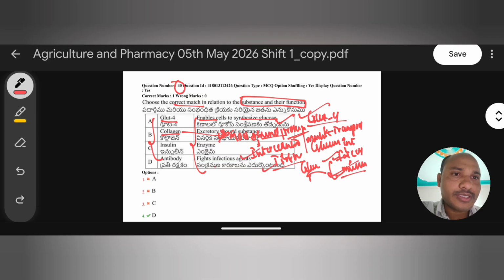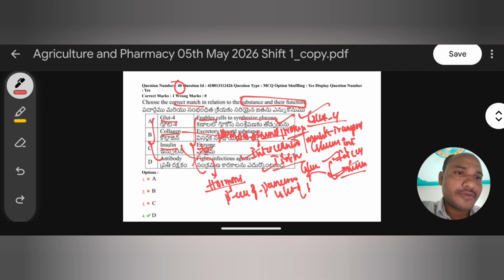So this statement is wrong. Coming to C, insulin is an enzyme. No, insulin is not an enzyme. Insulin is a hormone, produced from beta cells of pancreatic islets of Langerhans. Hormones are mostly proteins, remember, but insulin is not an enzyme. So this statement is also wrong.